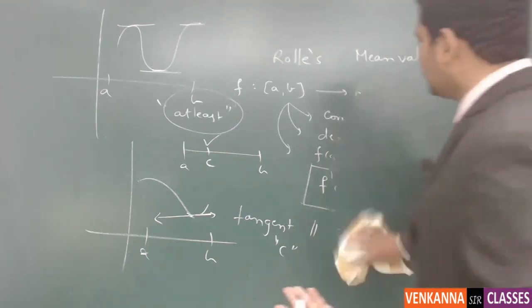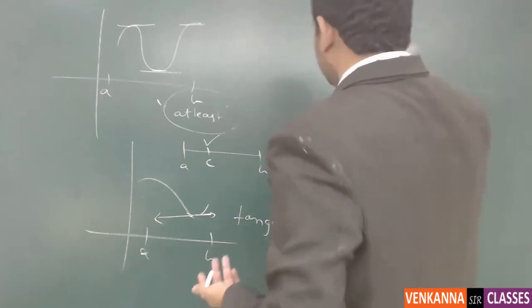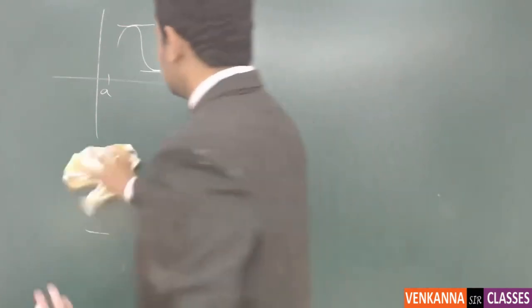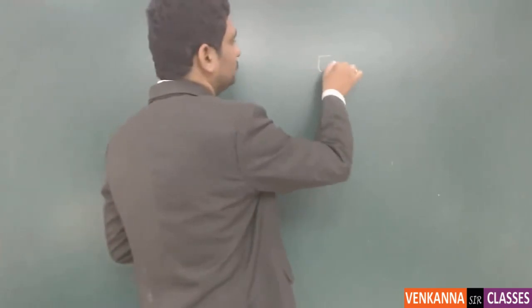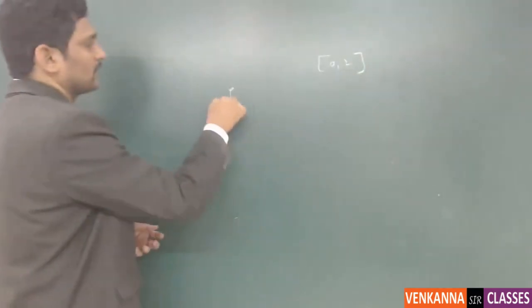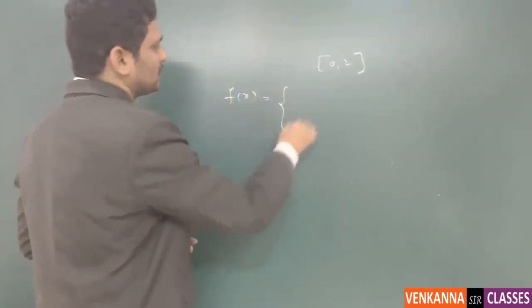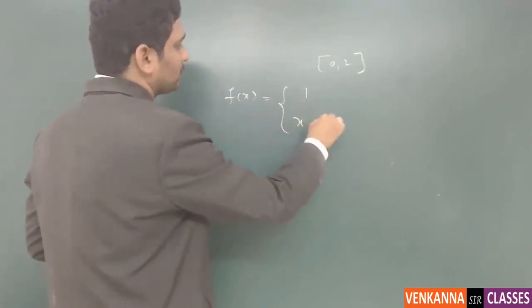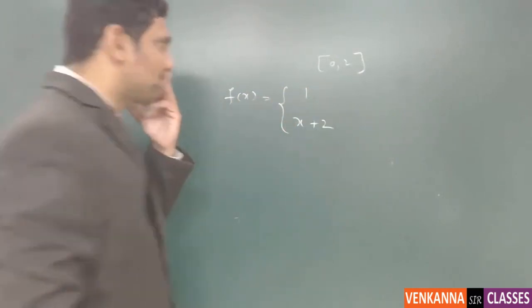It is simply taken, any kind of example you can take. One simple example you can consider: let us define, you take the closed interval 0, 2, f of x you take it as 1 by x plus 2.